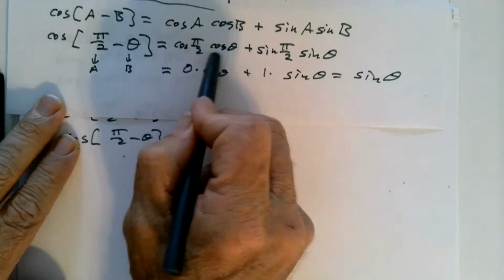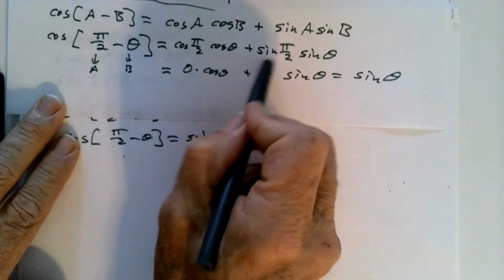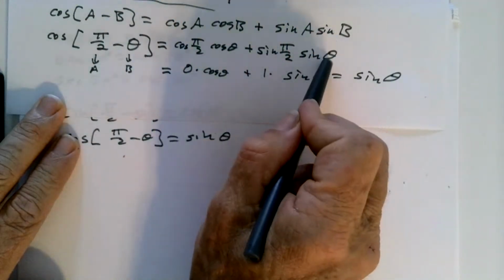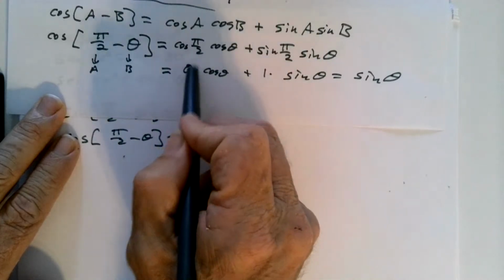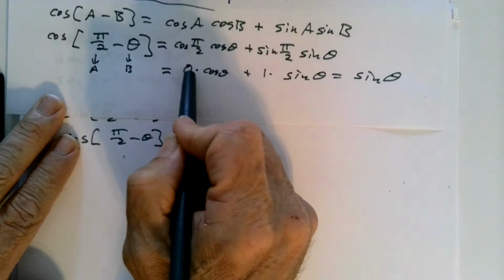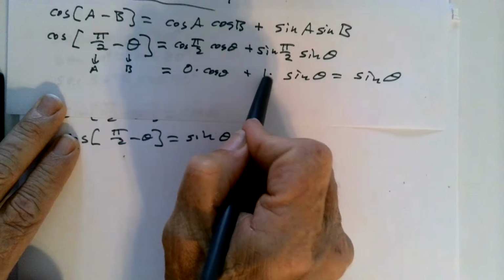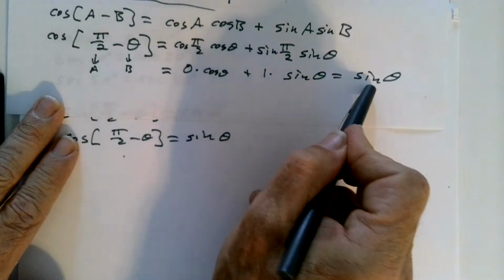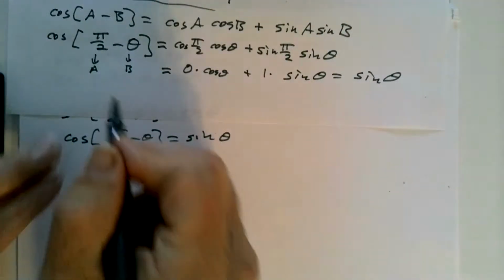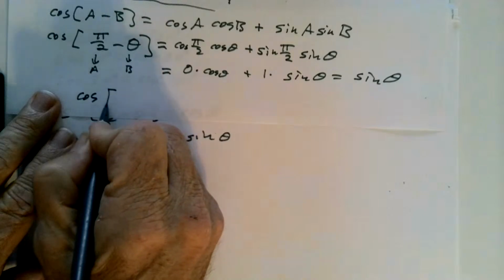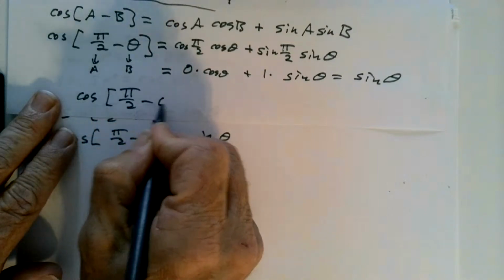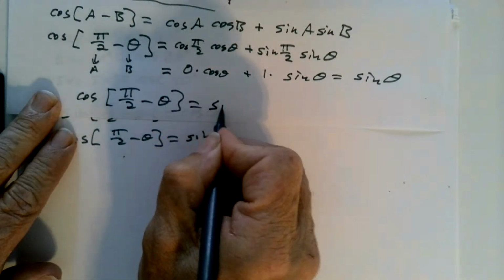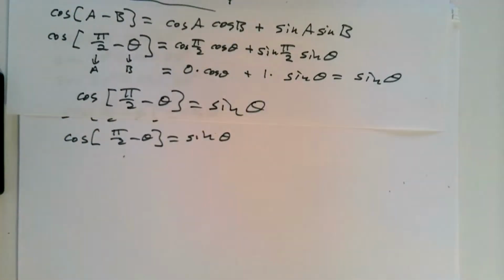Cos B is cos theta. Sine A, sine pi over 2. Sine B, sine theta. Cos pi over 2 is 0. So 0 times cos theta. Sine pi over 2 is 1. 1 times sine theta. That gives us sine theta, which proves what? What does that prove for us? It proves that the cosine of pi over 2 minus theta is sine theta.